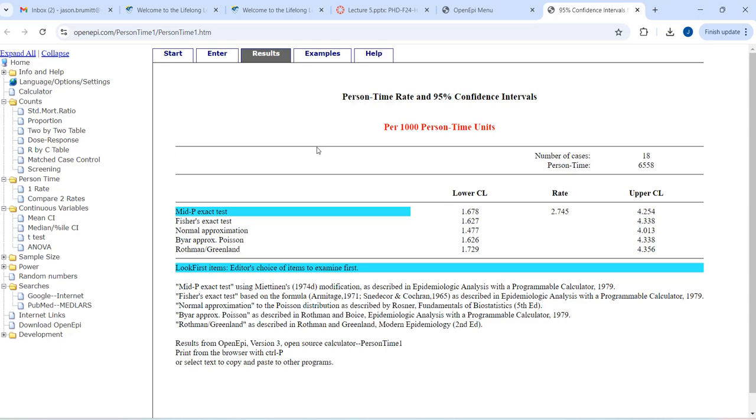Now you could do the math, but here it is: a rate of 2.7, and we can see the lower and upper 95% confidence interval. So I would report that the rate of injury in this case was 2.7 per 1,000 athletic exposures with a 95% confidence interval of 1.7 to 4.3. I was rounding those up there.